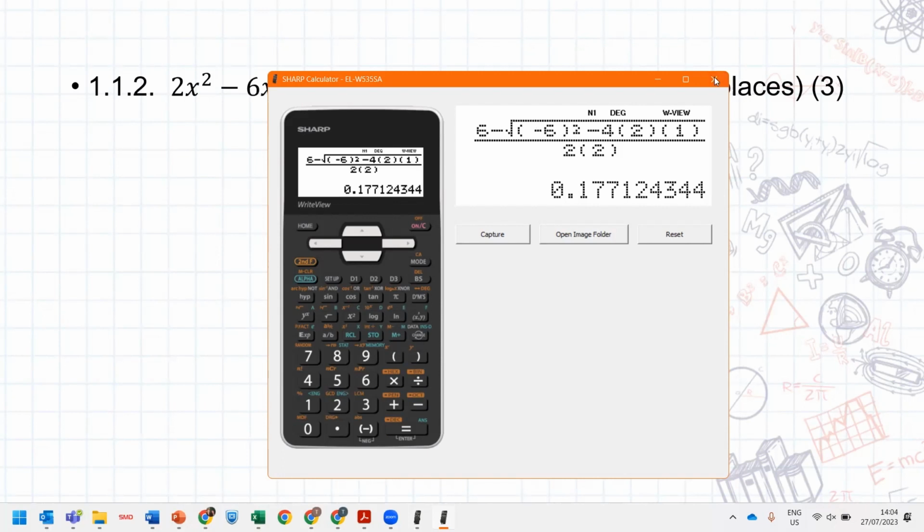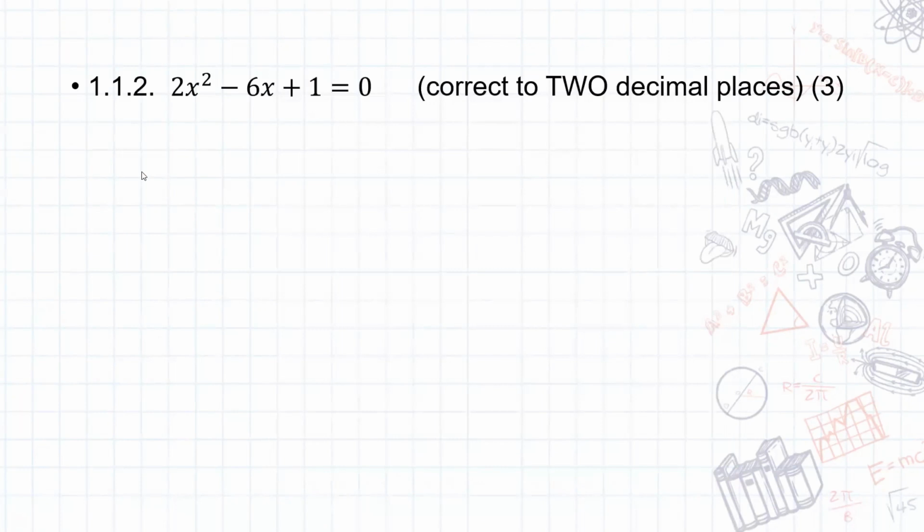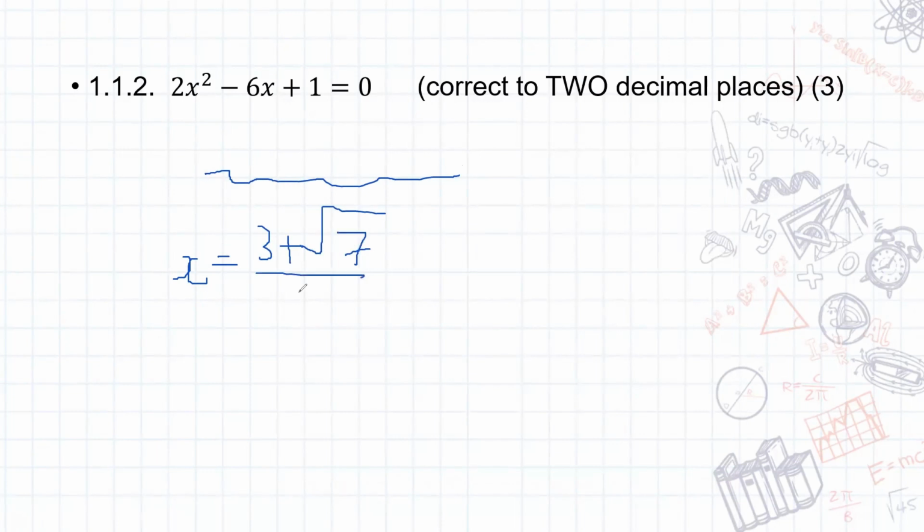So when we fill this in on our exam paper, once we've done the calculation, we're just going to write our final solution as x is equal to 3 plus square root 7 over 2, or x is equal to 3 minus square root 7 over 2.